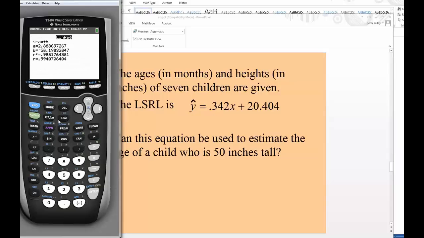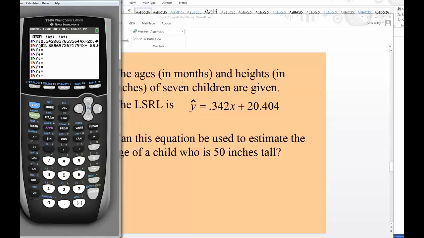So notice we get an entirely different equation when we predict the other direction. We do get the same r, but we don't get the same slope, which kind of makes sense. And if I go under y equals, I can see the two equations next to each other.